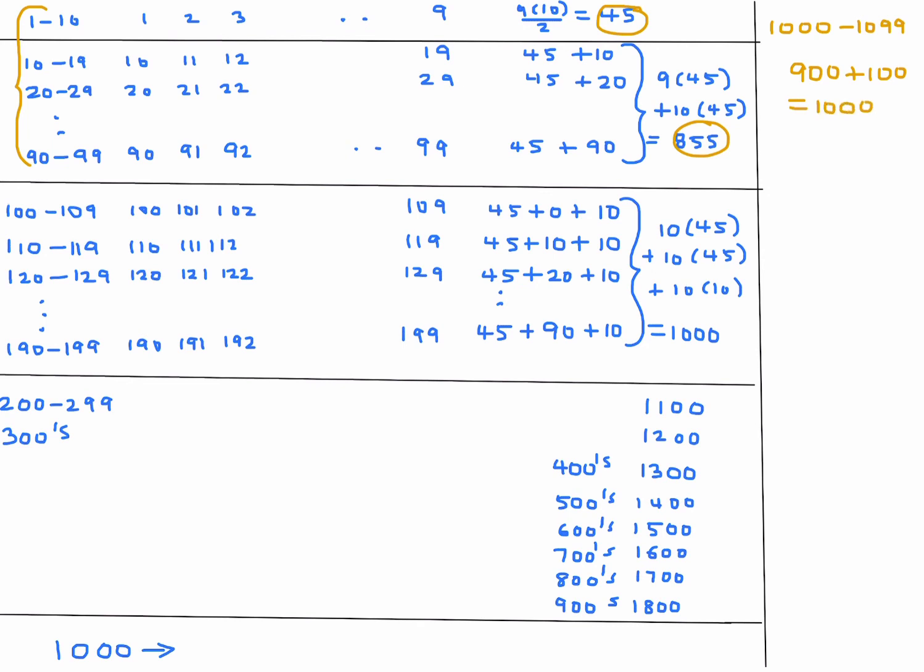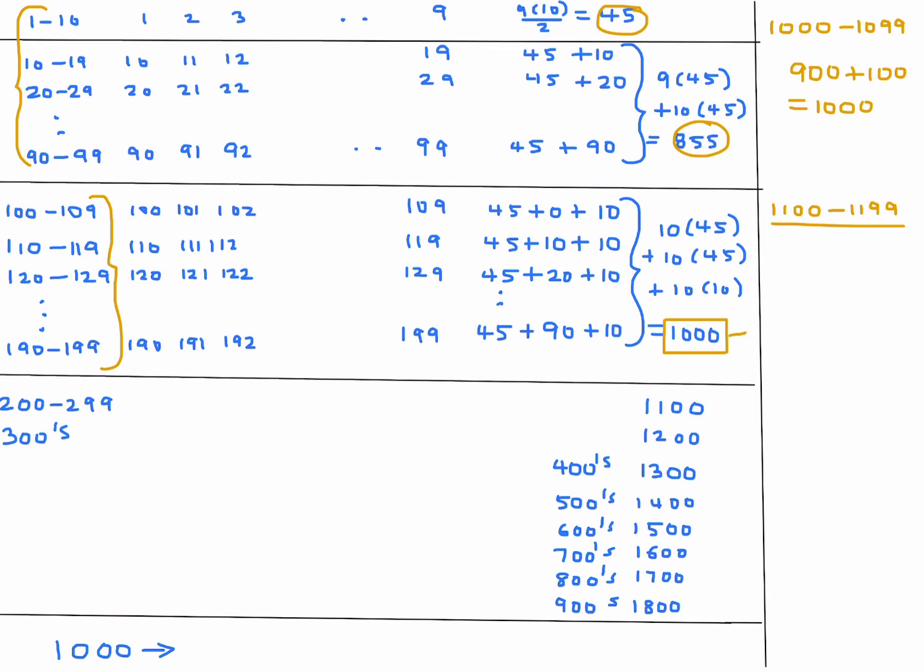Okay? And similarly, we can do the same thing for 1,100 to 1,199 by looking at 100 to 199. That summation was 1,000, but remember, each of these guys will have a 1 in front of it. So since there's 100 of them, there'll be 100 ones that you have to take into consideration.